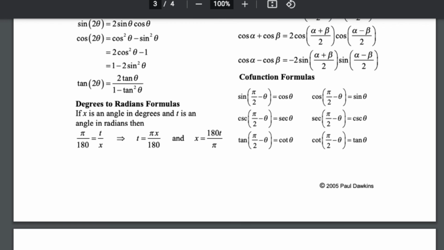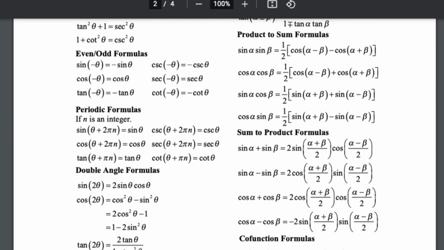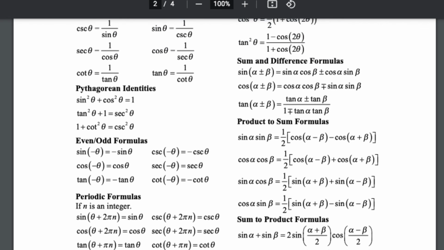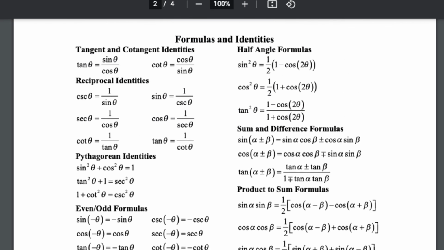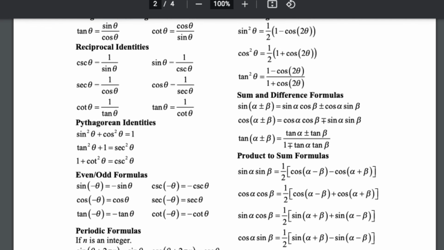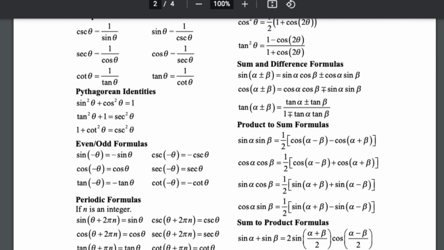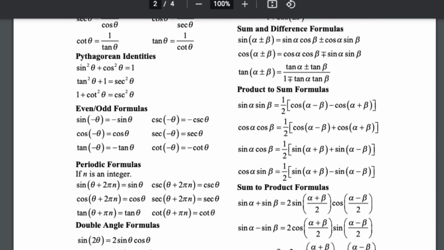It's used in some other way. Anyway, I don't see it, but where is it? It's a very useful identity.